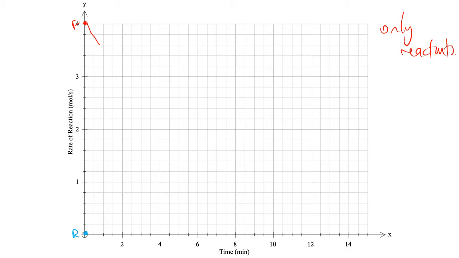What happens to the reverse rate of reaction? Well, as some products are produced, the reverse rate of reaction is going to go up. The forward rate of reaction is going to continue to go down because it is running out of reactants, and the reverse rate of reaction is going to go up as well. But the forward rate is not going to drop linearly, because there isn't a constant drop of reactants.